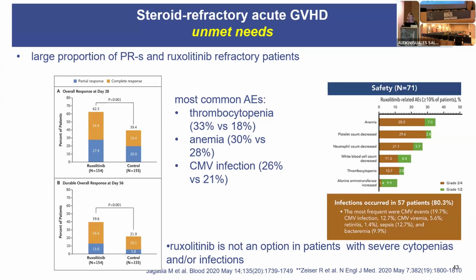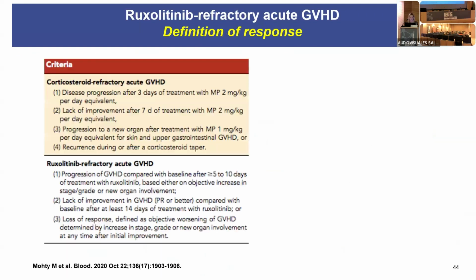Although today, after several years of using ruxolitinib, we hesitate less and we are used to managing patients with cytopenias and infections. But sometimes we do think about when we need to introduce ruxolitinib if the patient is cytopenic or had some history of previous severe infection.